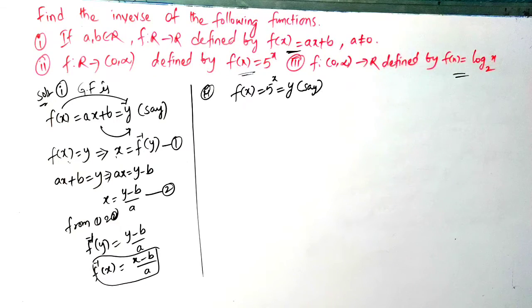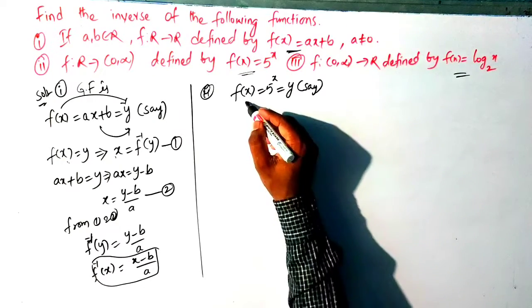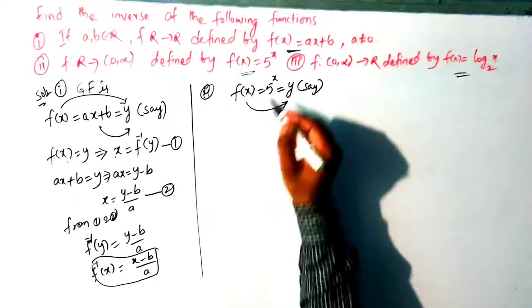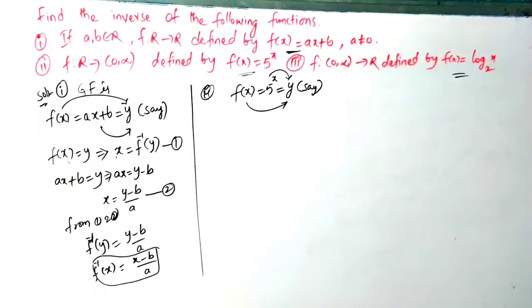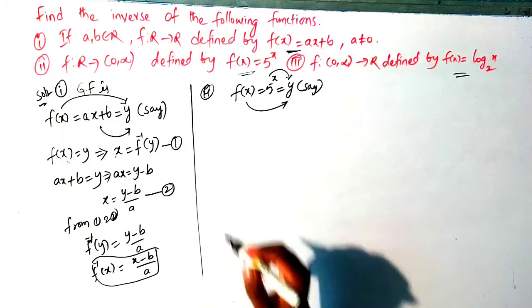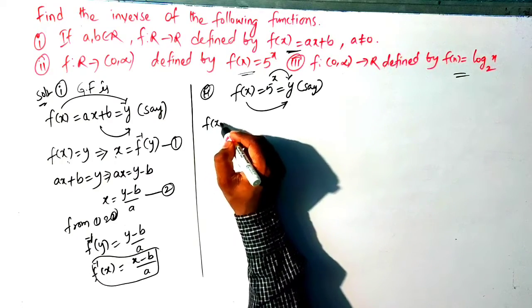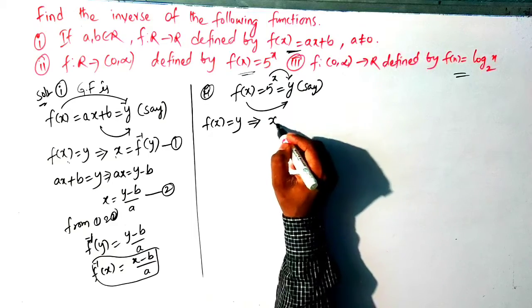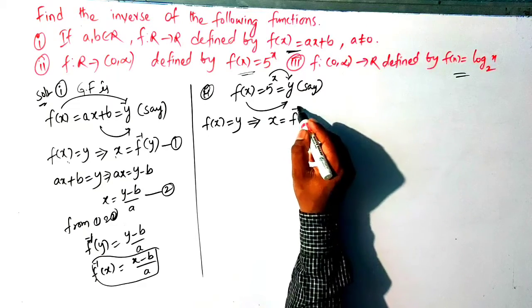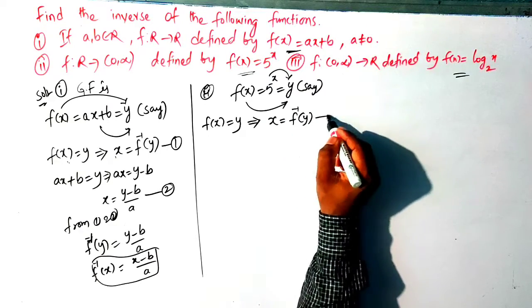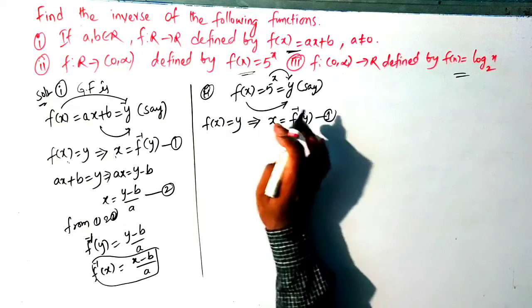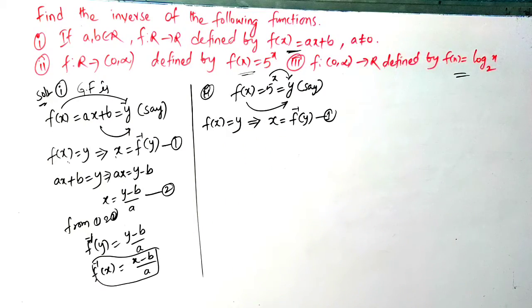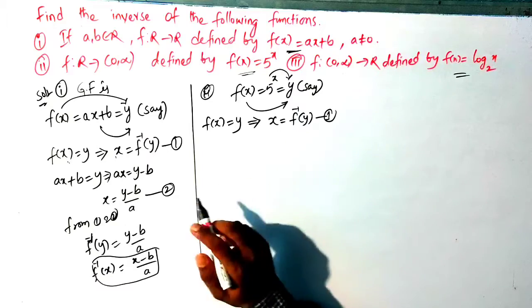So f of x equals 5 power of x, that equals y. Again we take f of x equals y as well as 5 power of x equals y. F of x equals y implies x equals f inverse of y. So x equals f inverse of y.